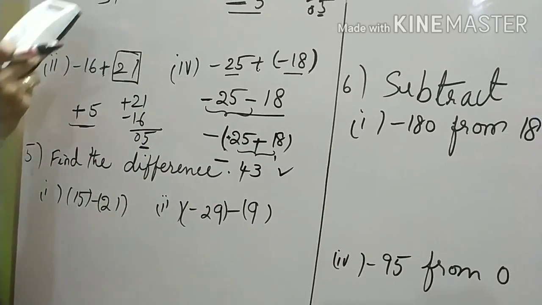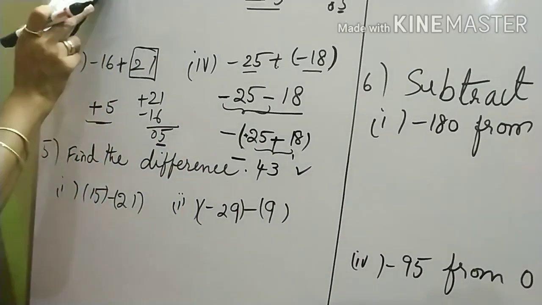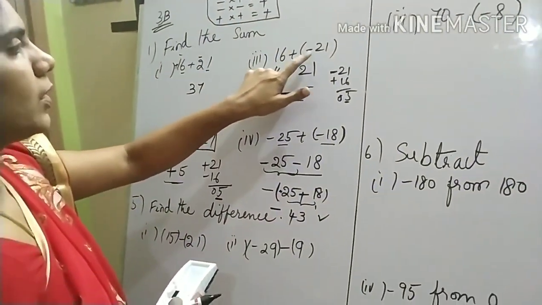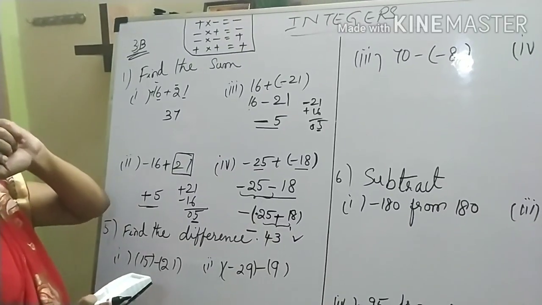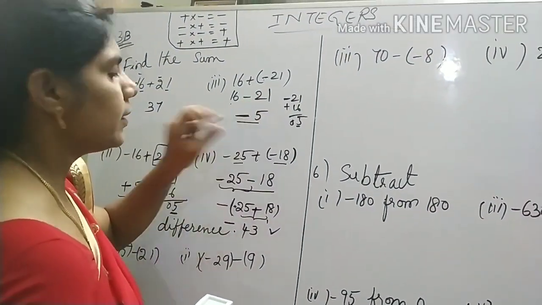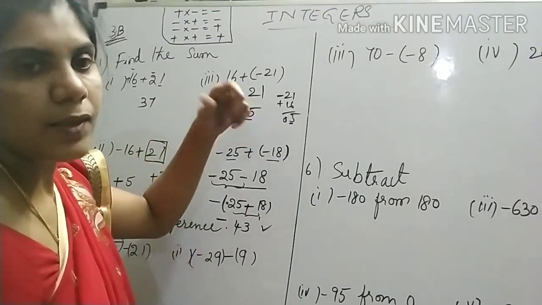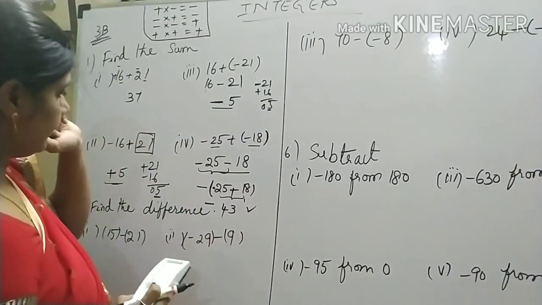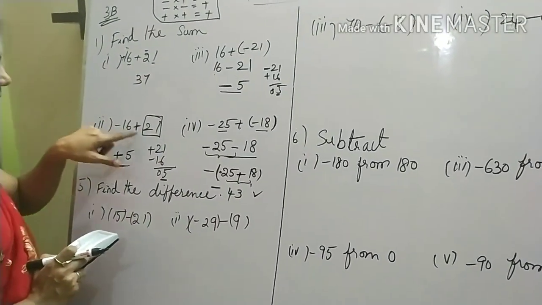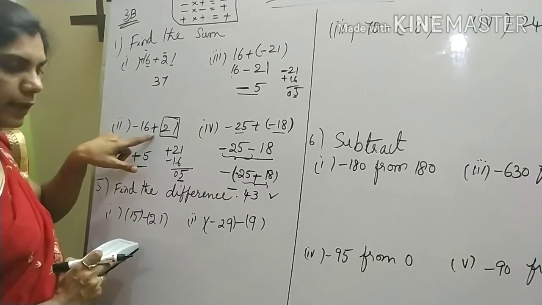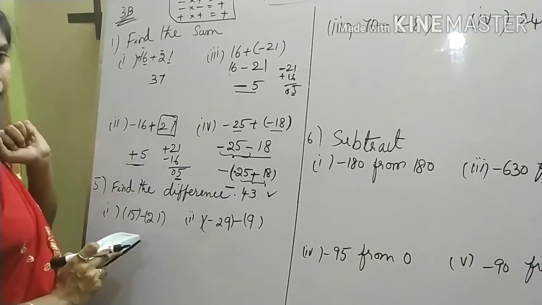If you have both pluses, directly you can add them. If you have one number as minus, check whether the minus number is the bigger number or not. If it is the bigger number, take that sign. The bigger number's sign you have to take while writing the answer. So here also I am taking the bigger number's sign, plus. Here I have plus, so I am taking plus here.